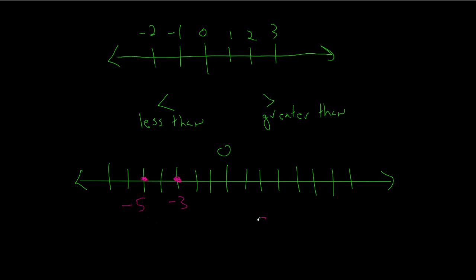And we can say -5 is less than -3. This points to the smaller number, and the smaller number is to the left. I could say -3 is greater than -5. Again, this points to the smaller number. And by having this positional idea, we can talk about left and right as ways of being bigger or smaller.